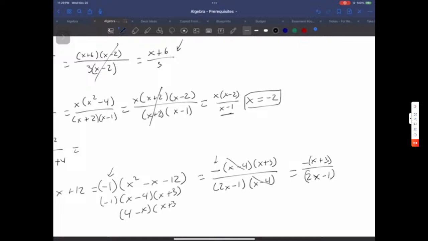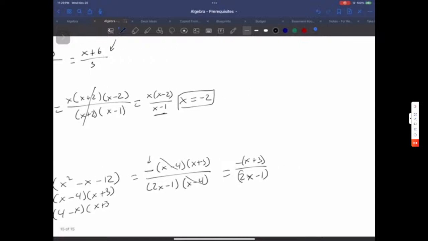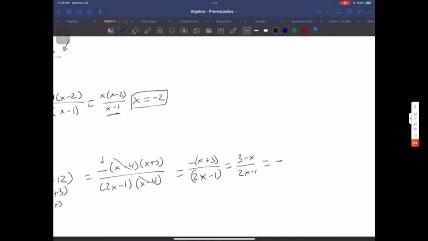And you can distribute that negative sign if you want, so that's going to be equal to 3 minus x over 2x minus 1, or it's also going to be equal to minus the whole thing of x plus 3 over 2x minus 1. And if you really want to be crazy, you can distribute the negative sign on the bottom, and it's going to be the same thing. X plus 3 over 1 minus 2x.